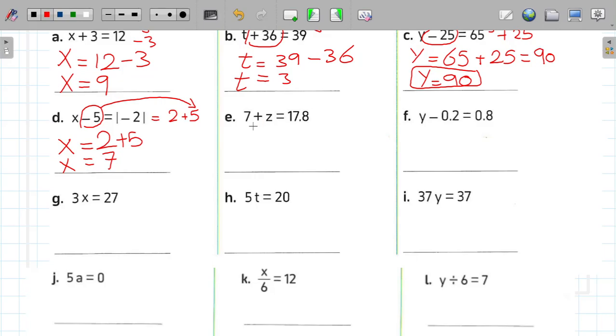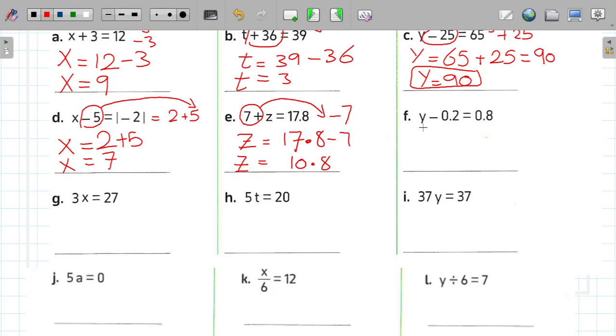So the value of x equals 7. Okay, next I have 7 plus z equals 17.8. So I will send plus 7 to the other side with the inverse operation. So it will be minus 7. Okay, so the value of z equals 17.8 minus 7. Okay, 17 minus 7 equals 10, and I will have the decimal point, and next I have 8. So the value of z is 10.8.